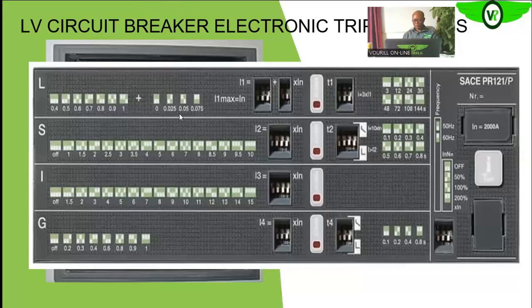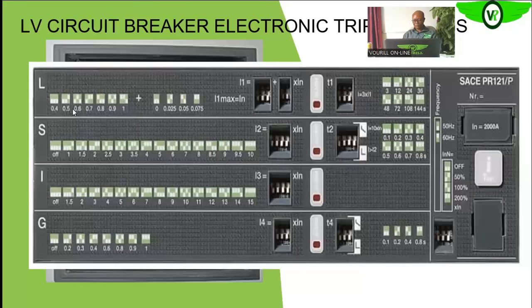But if I want to add a fine value, say 0.05 of 2000 amps, that will give us about 100 amps, if I'm not mistaken.